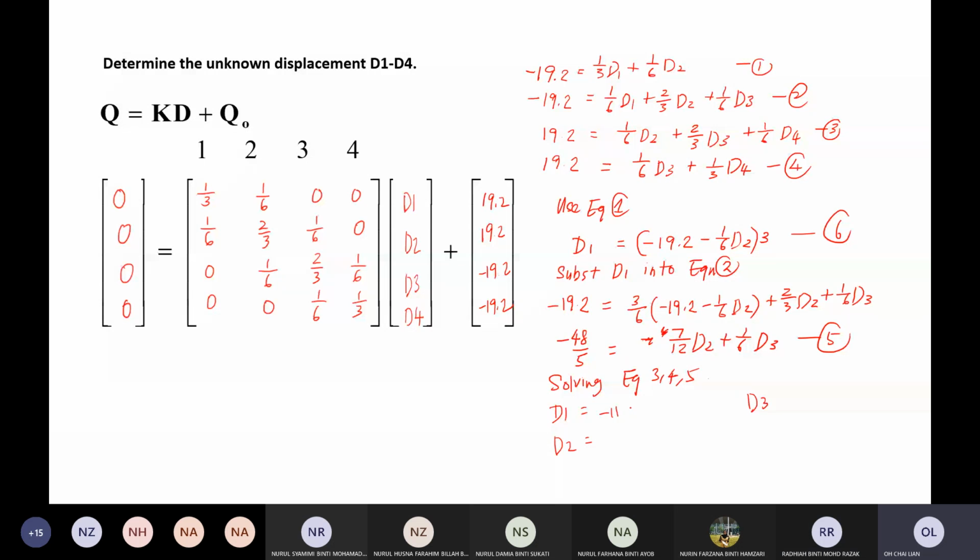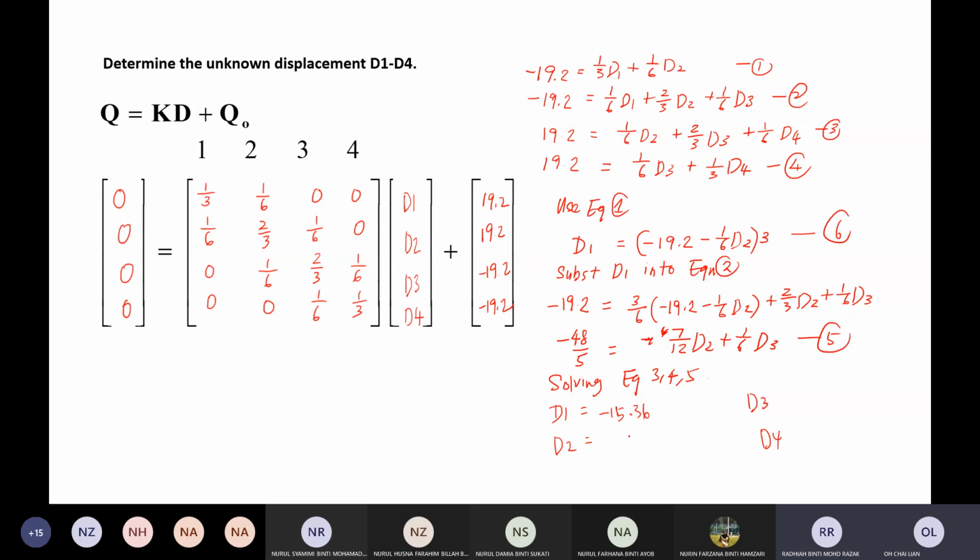Never mind, we just put one answer here and see. Maybe we can comment here. I cannot hear you. Oh, negative 15.36. Like this.